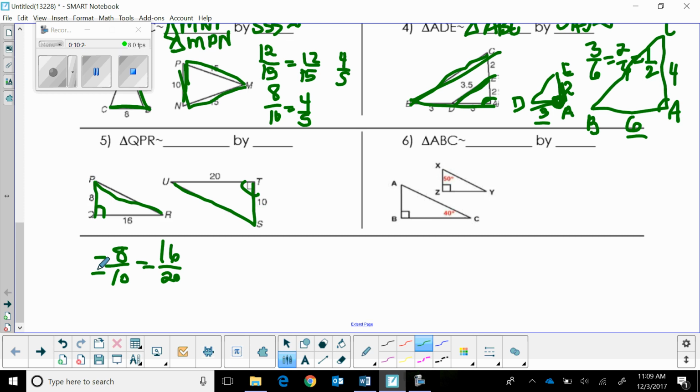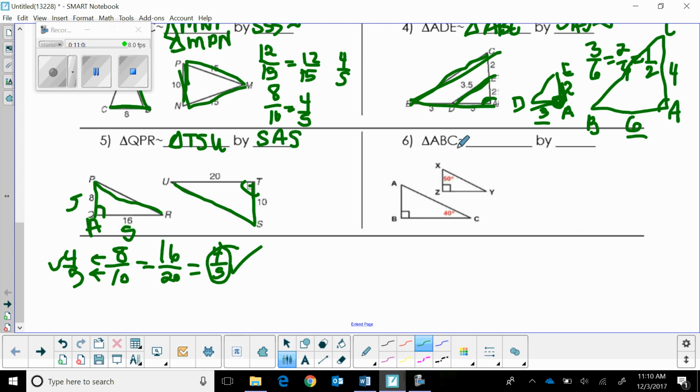Well, 8 over 10 reduces by 2 to 4/5. And we can divide 16 and 20 by 4, and that gives us 4/5. So the sides are proportional with a 4 to 5 ratio. And then our angles are congruent, so it's side included angle, side. So triangle QPR and TSU would be similar by side angle side.